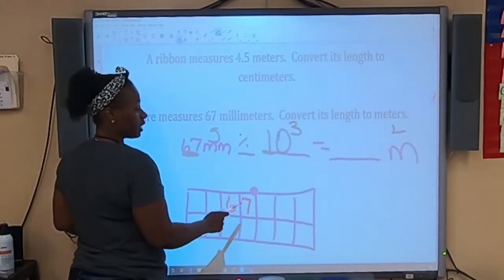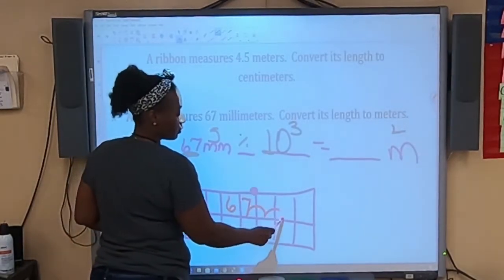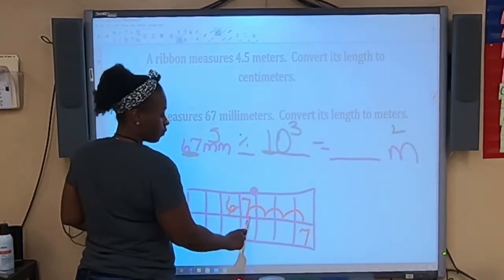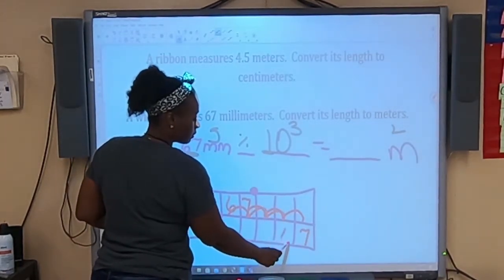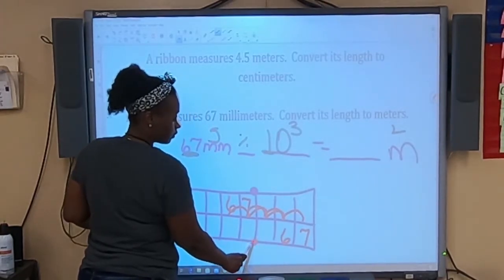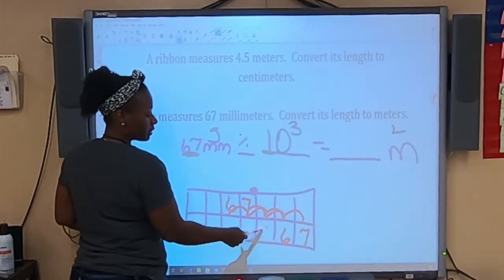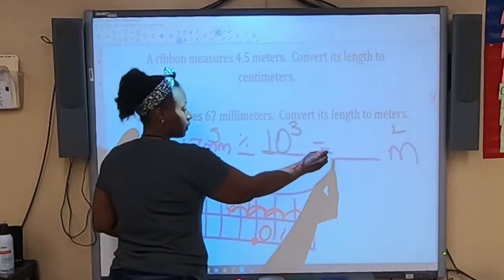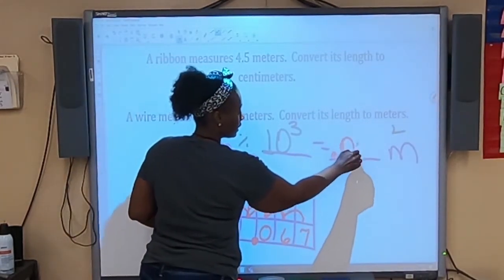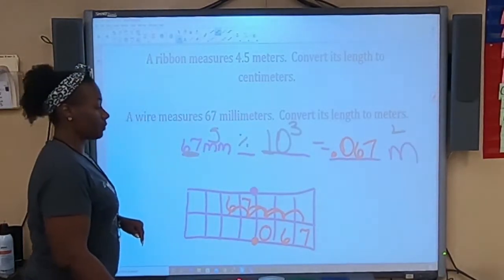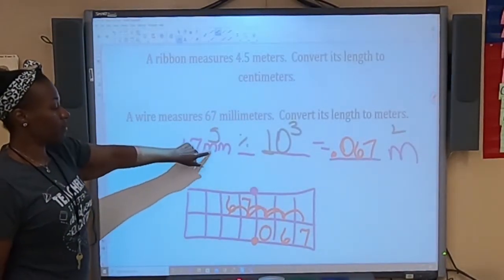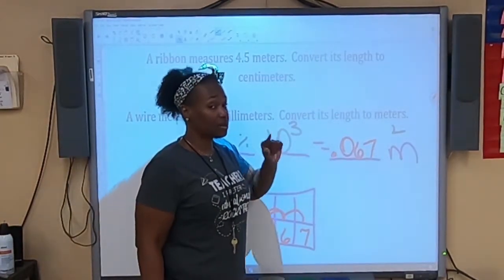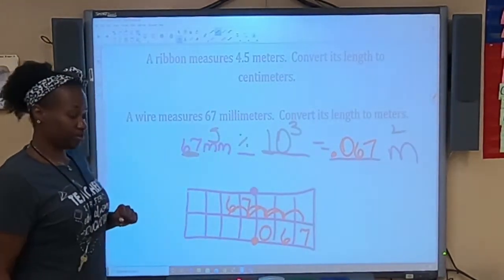So I'm going to take everything right 3 times. 1, 2, 3. Puts my 7 right there. 1, 2, 3. Puts my 6 right there. My decimal is here. I need a placeholder to get me back to it. So that gives me 67 thousandths. So I know that 67 millimeters equals 67 thousandths of a meter.